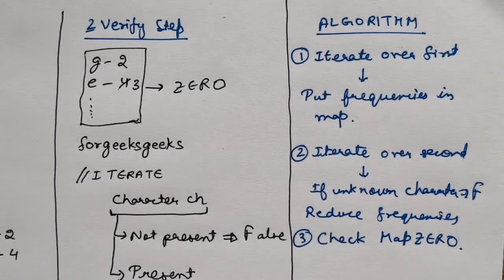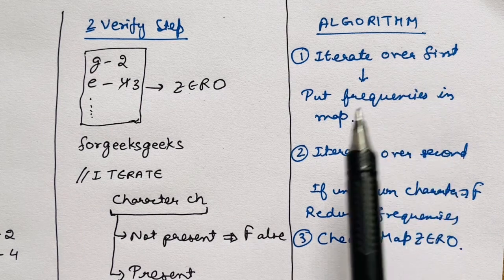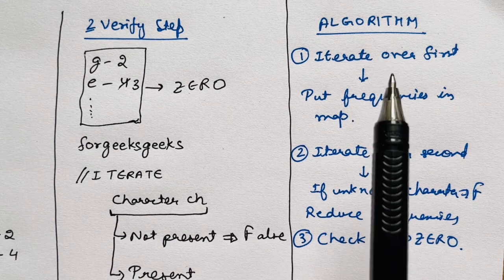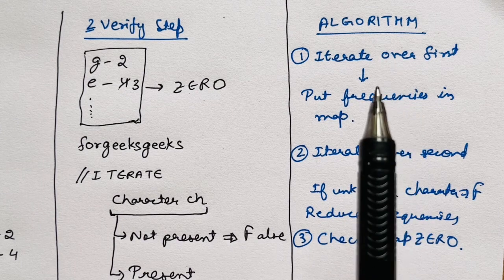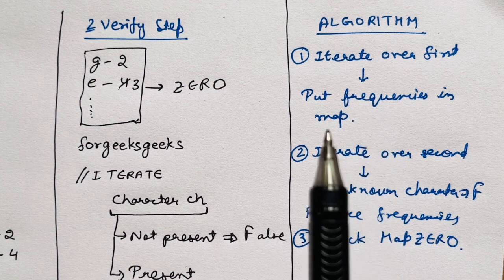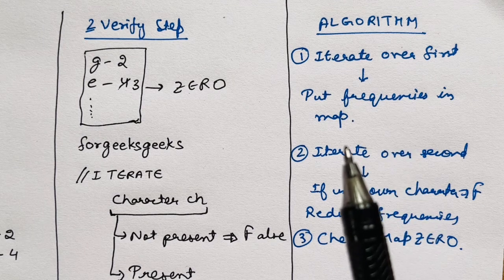So what will our final algorithm look like? We'll iterate over the first string and we'll put the frequencies of characters in the map. In every iteration we'll have a character, and if we are seeing it for the first time, we will put it in the map with the frequency of 1.